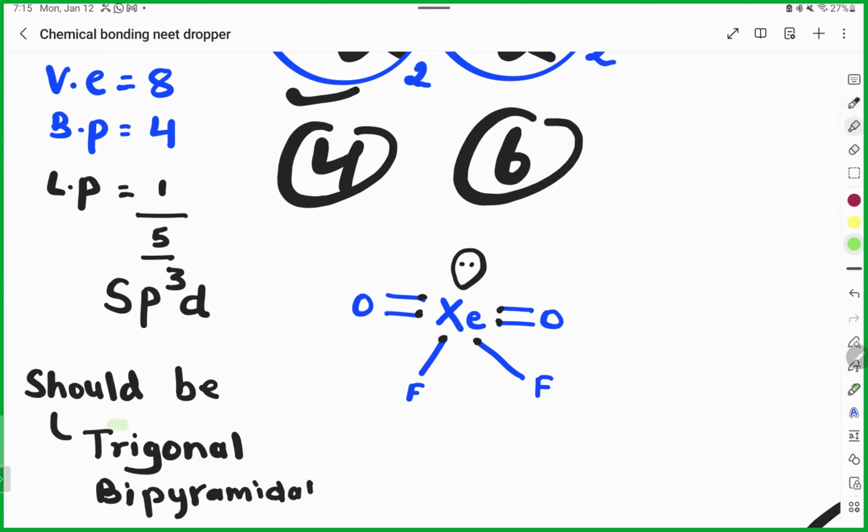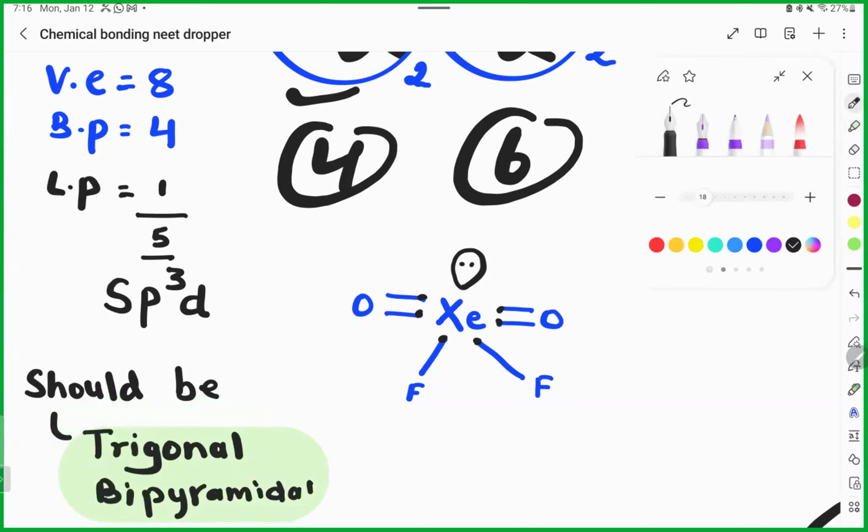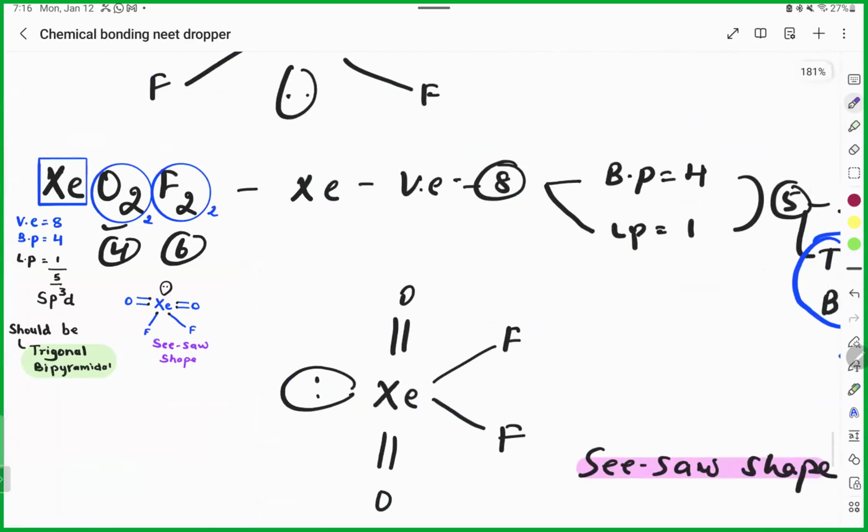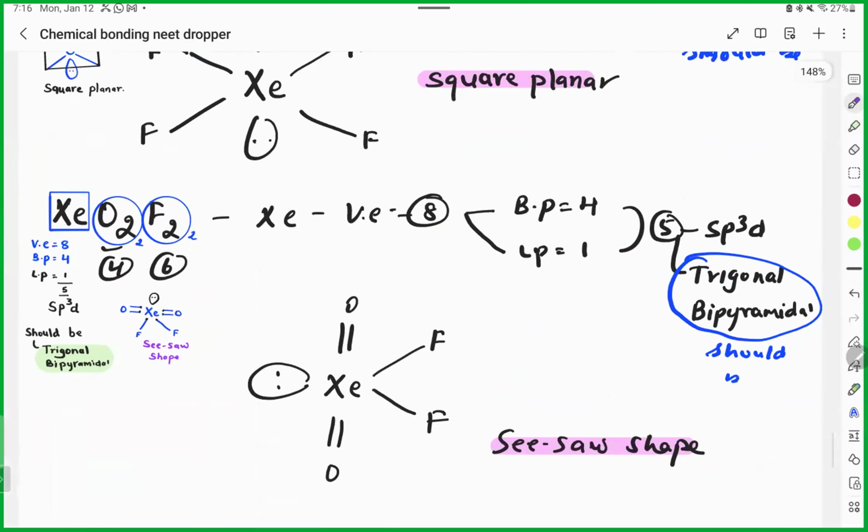But here you don't have all bond pairs. One is a lone pair, correct? What will happen? This geometry is known as seesaw shape. Very important. Seesaw shape.